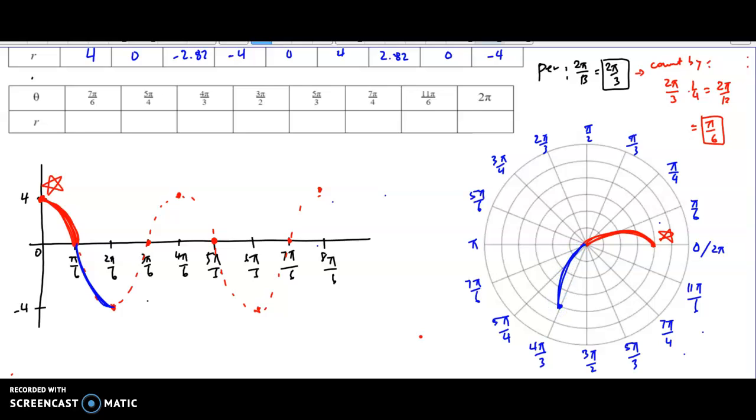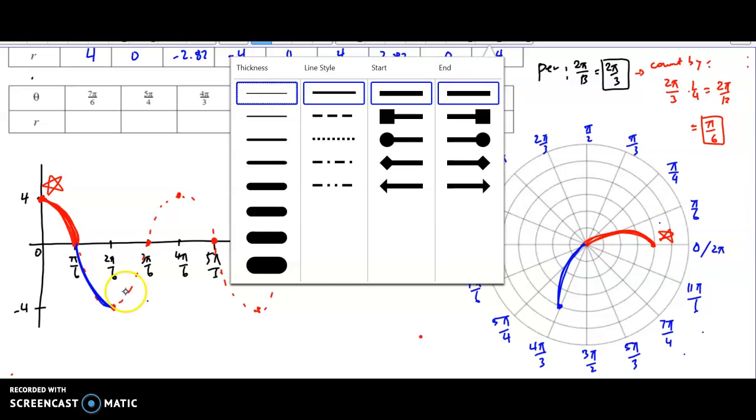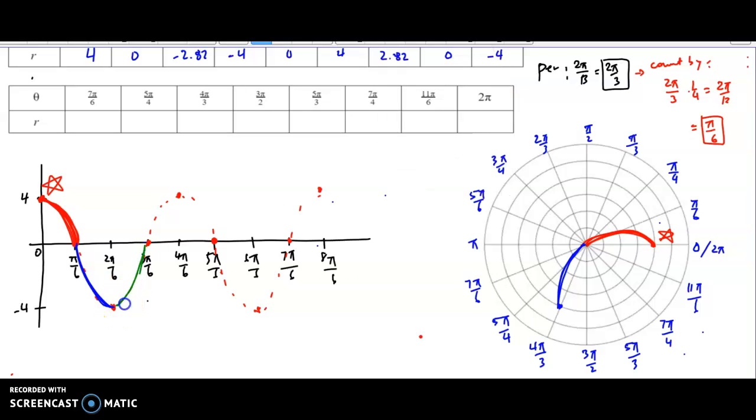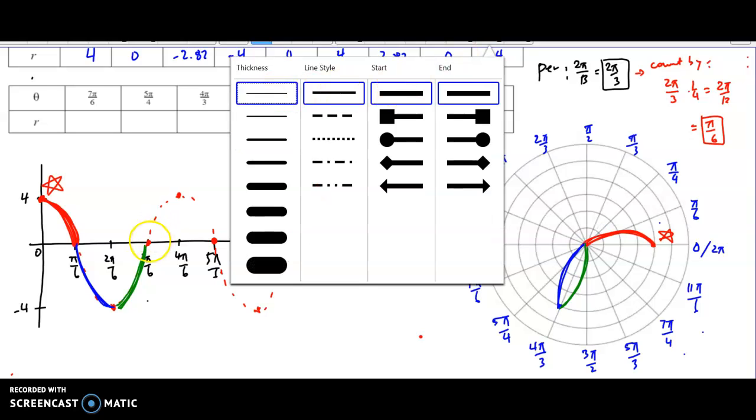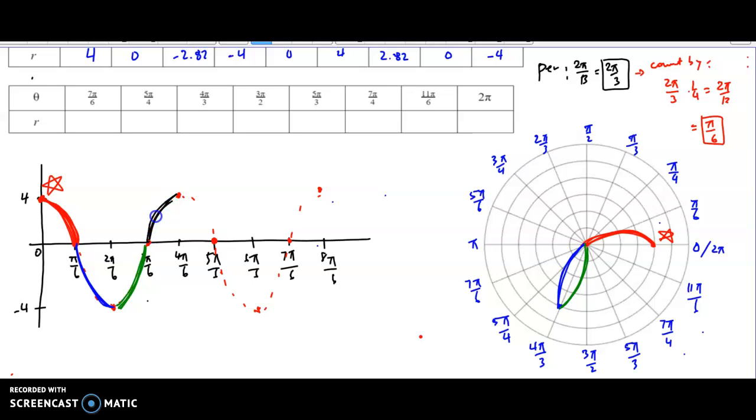I'm going to make this green. This next part is right here. That's right here, back to 0. Then I'll make this one black. I have this part here. That's here at 2/3. 1, 2, 3, 4. That's just continuing on here.